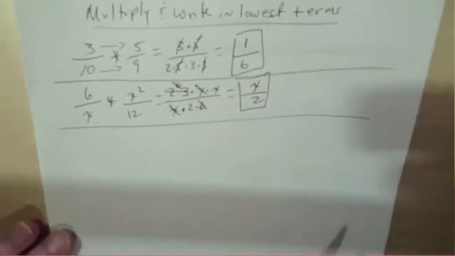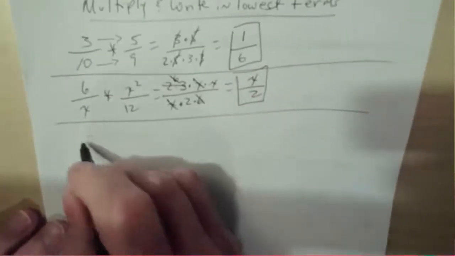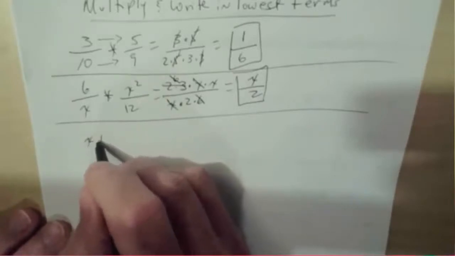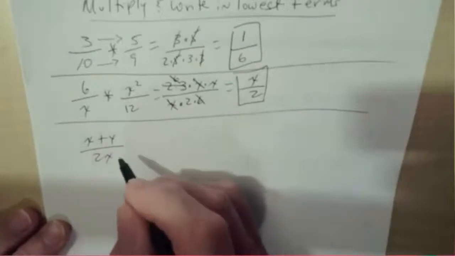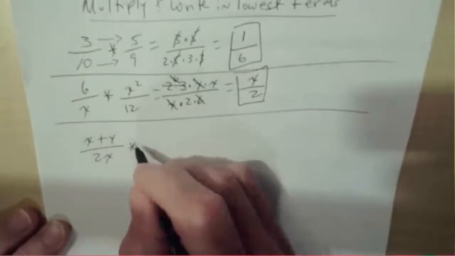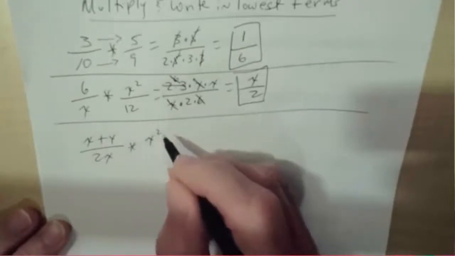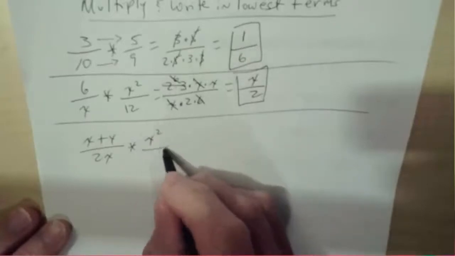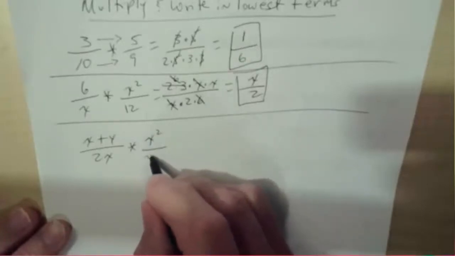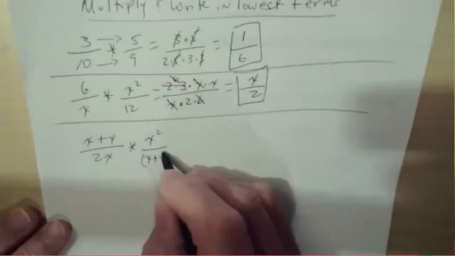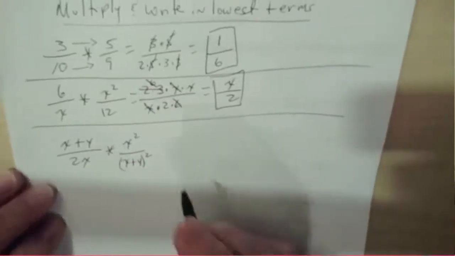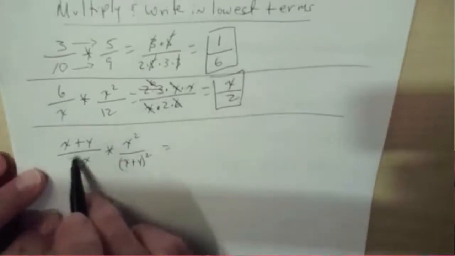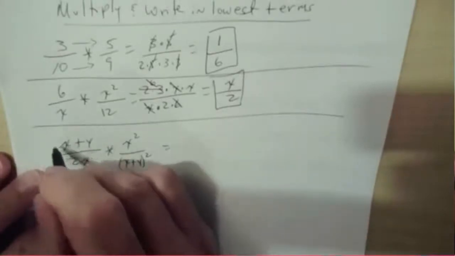How about this? X plus y over 2x times x squared over x plus y all squared. Now remember, the fraction bar kind of makes the numerator and denominator in parentheses.